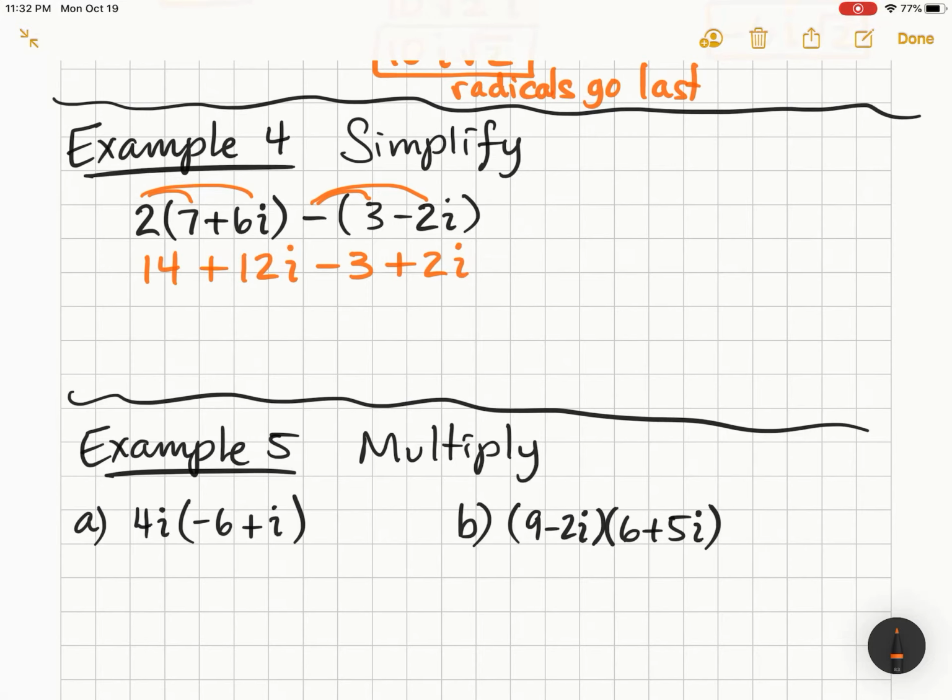And now I need to combine like terms. So I'm looking at 14 and negative 3 is 11. And then I'm going to combine the i's. 12i plus 2i is 14i. And that's all I can do with that. And notice it's already in standard form. I have the real part first and then the imaginary.